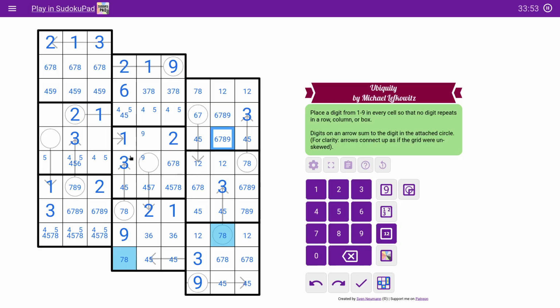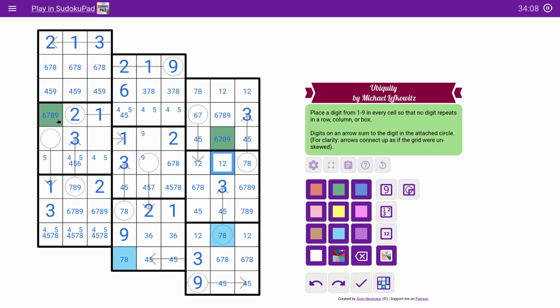This digit must be here, right? Because otherwise it would be here and a cascade down.